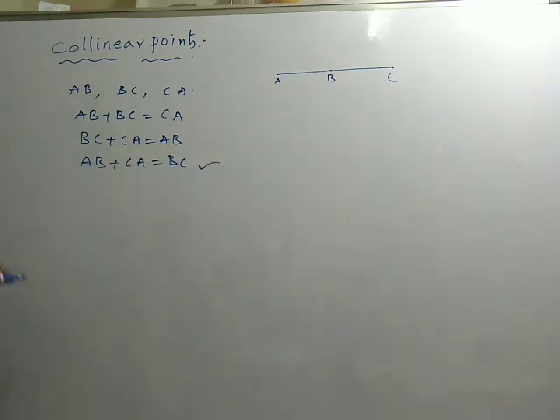This is what we discussed earlier while discussing the distance formula between two points. At that time we did not know the concept of the area of a triangle, so we used this technique to prove the given points are collinear. Now there is an alternate method 2 also.